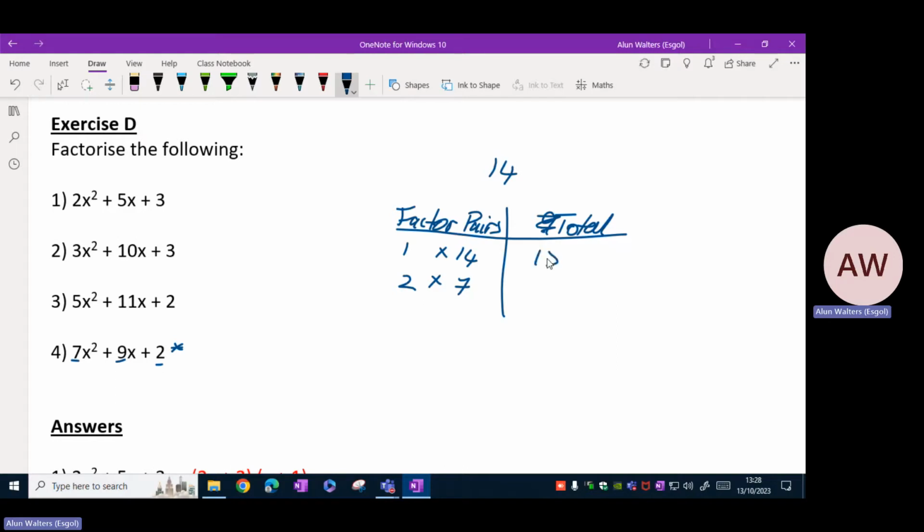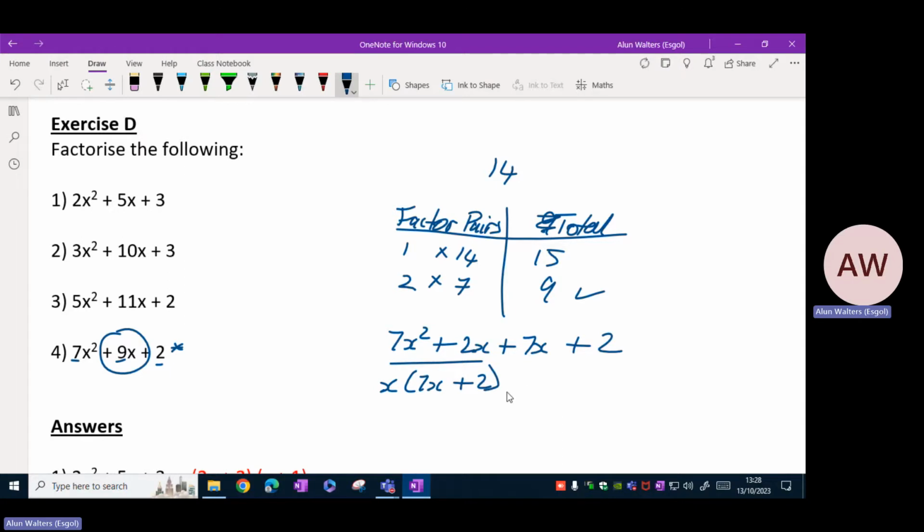Now you can see that 1 and 14 total to 15, 2 and 7 total to 9, which is what we wish to use. So I'm going to rewrite that 7x squared plus, instead of 9x, I'm going to write down plus 2x plus 7x. I'm going to factorize the first two terms. I take an x outside and left with 7x plus 2.